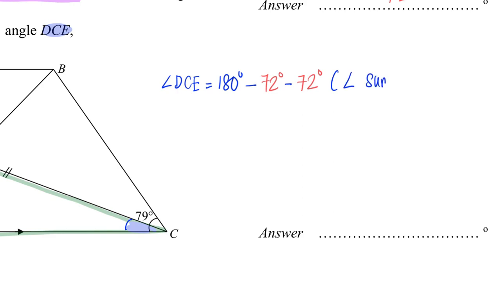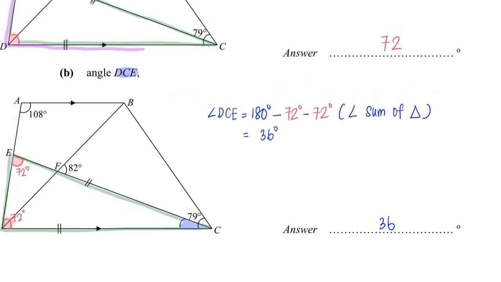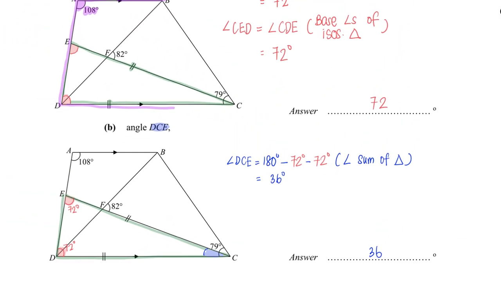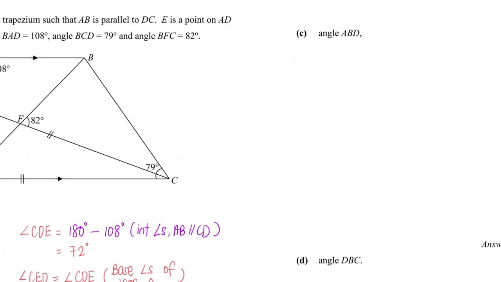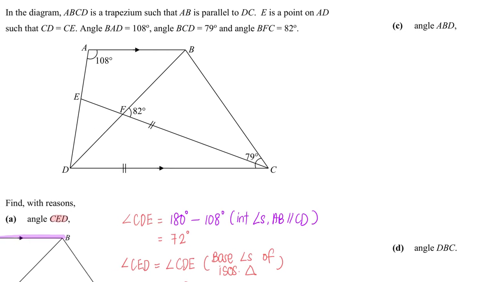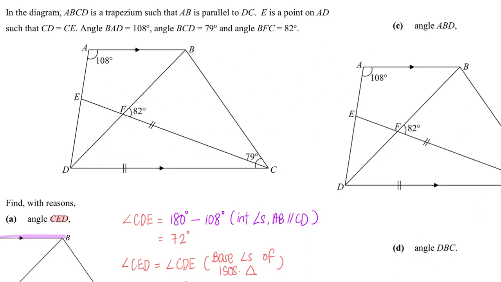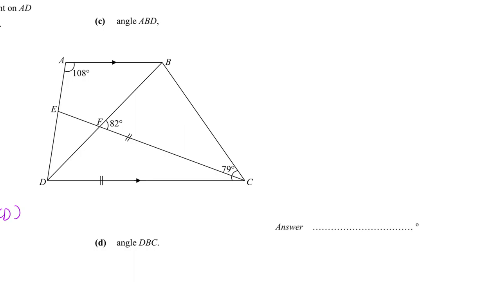Angle sum of triangle. 36 degrees. Next, we are required to find ABD, so I am going to just put this oval so that it's neater and easier for us to see.